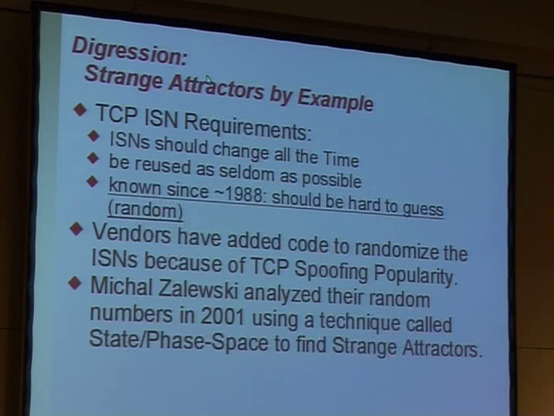We have requirements for ISNs, which start with: ISNs should change all the time. ISNs in TCP are sequence numbers used to see whether two packets follow each other, to maintain state. An ISN is the initial sequence number, and you don't want it to be guessable, because otherwise people who don't see the data can hijack the connection, which has been known.